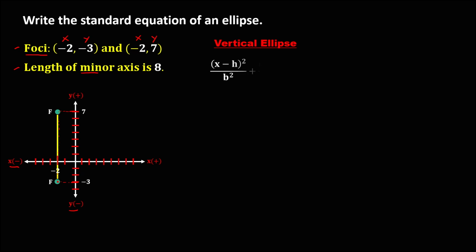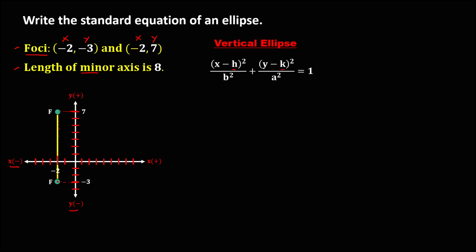And the formula for the vertical ellipse is x squared over b squared plus y squared over a squared equals 1. So first, we need to find the values for h and k. So h and k is the center of an ellipse.